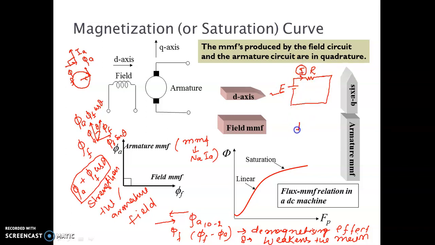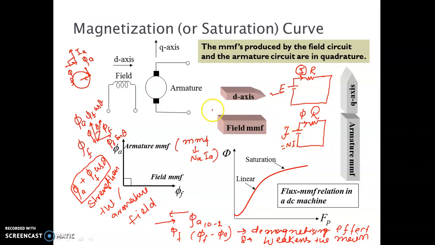In the case of a magnetic circuit, there will be flux, and the resistance is replaced by reluctance, and flux flows here. This term is replaced by F, which is called MMF, the number of turns multiplied by current.